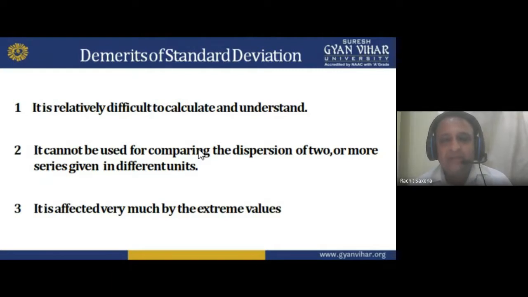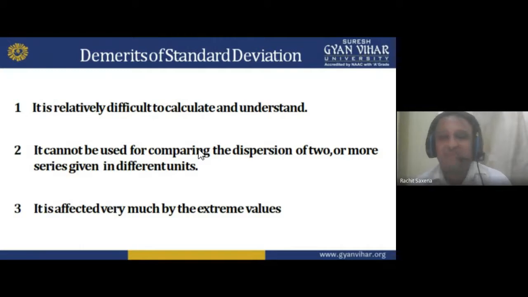But in standard deviation, the mean is only one part of it. It is compulsory that you take the mean, but after the mean you have to subtract the actual value, the most probable value, from that mean, and then the calculation increases. That is why it is relatively difficult to calculate.